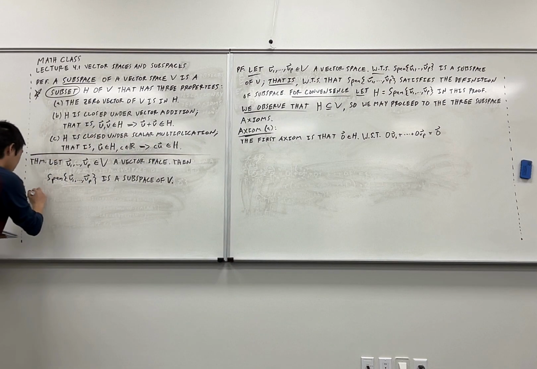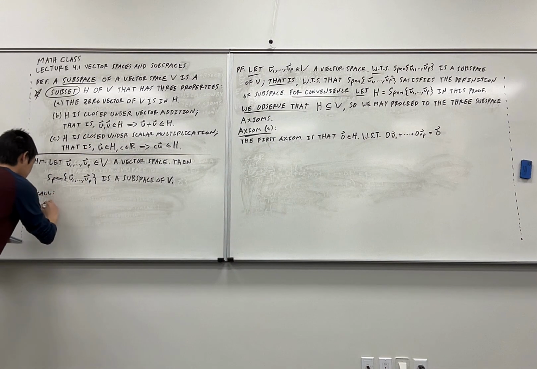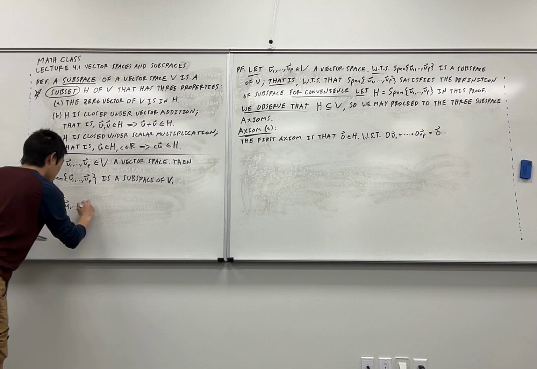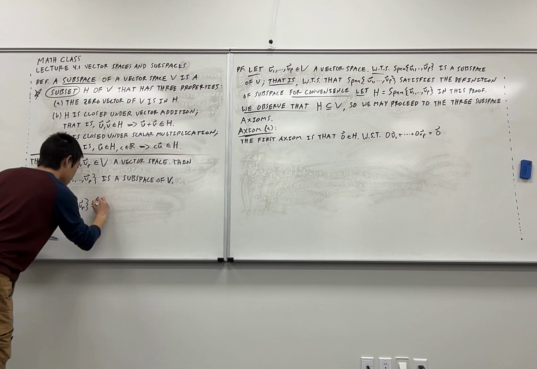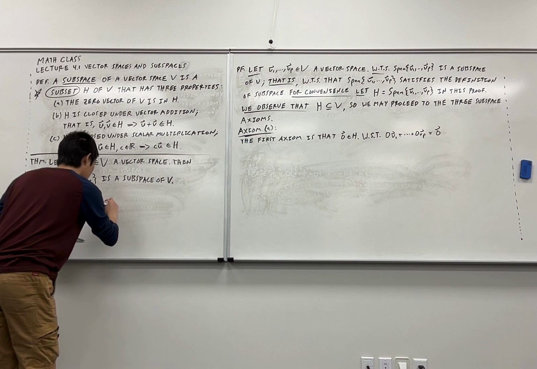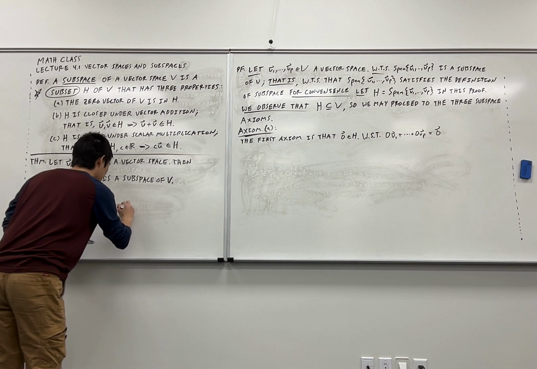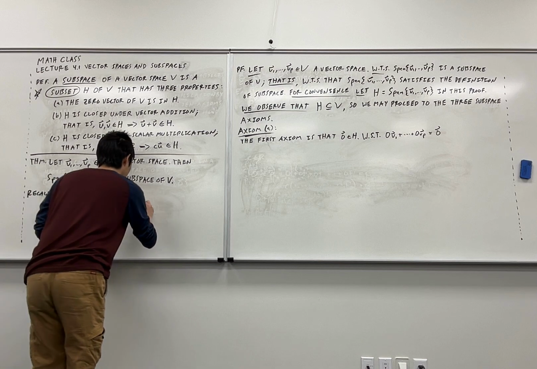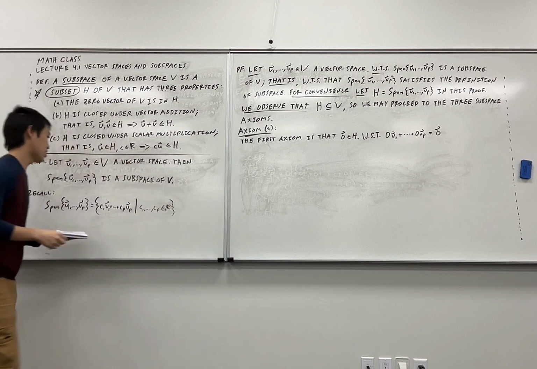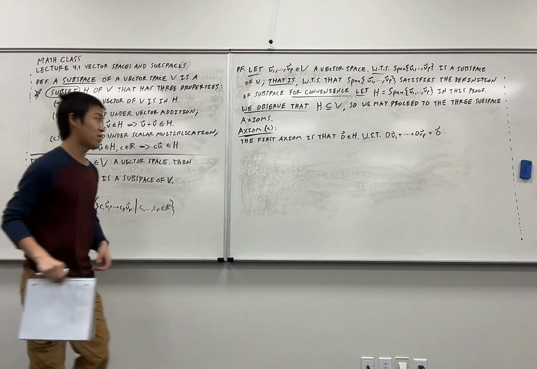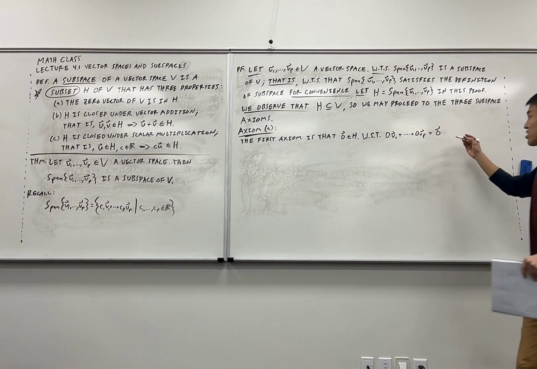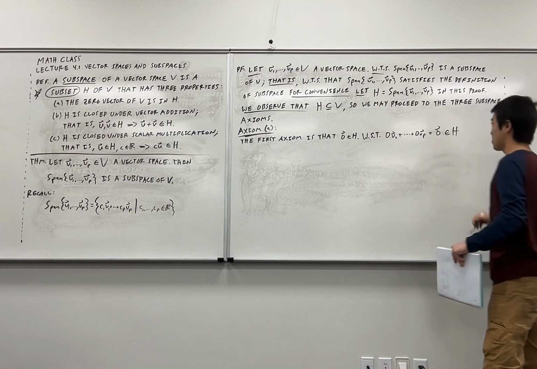Recall that the span of V1 through Vp is a set of all possible linear combinations, so C1 V1 plus etc. to CP VP, where C1 through CP can be any combinations of real numbers. Okay, so all possible combinations. So if I just select my C weights to be all 0 in a span, well then of course I get the zero vector. So we've seen that this zero vector is in fact in H.